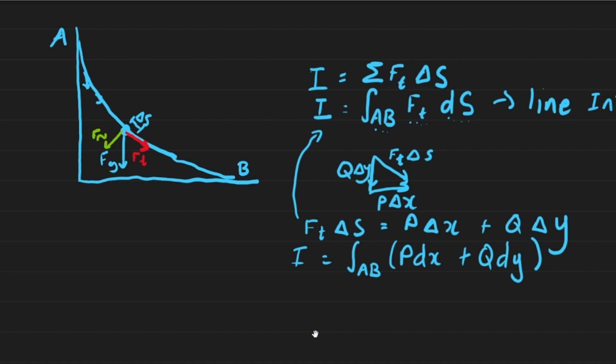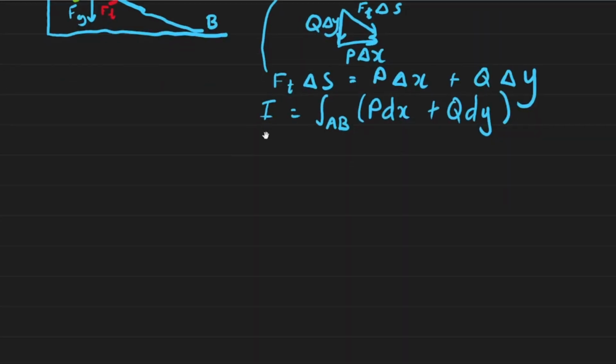So before we proceed any further, I think the next best thing would be to look at a simple example of how we actually calculate a line integral. So we have a certain curve, and that curve is y is equal to 4x squared.